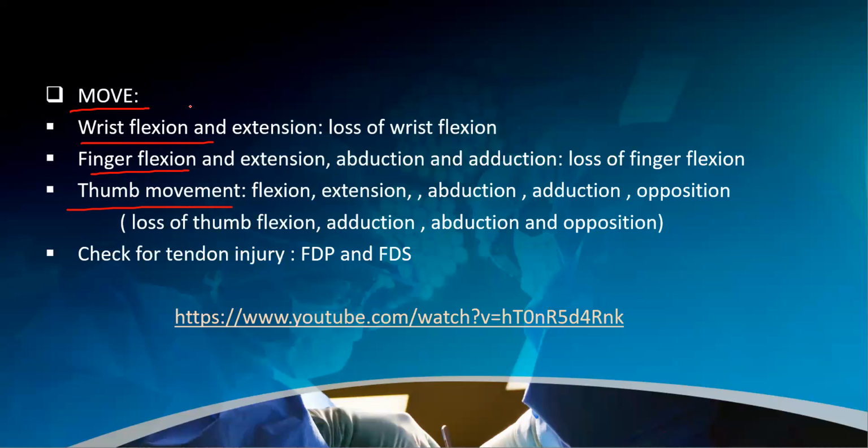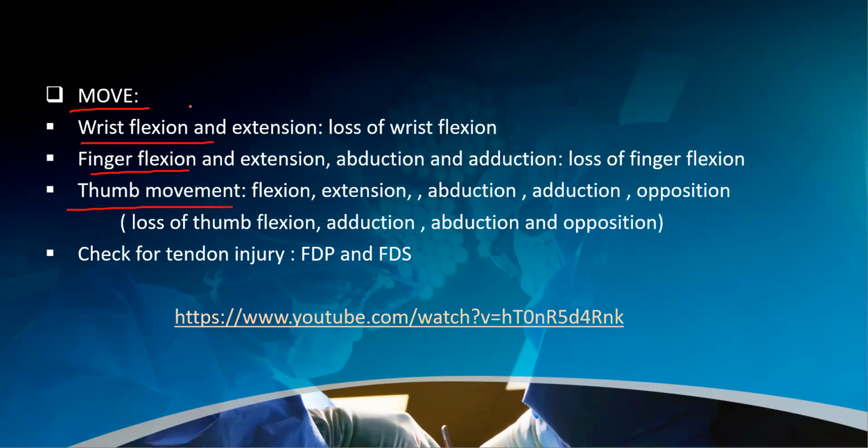If the tendon is injured, then wrist flexion will be lost. Go to the finger flexion, discuss flexor digitorum superficialis, which supplies the PIP joint, and flexor digitorum profundus, which supplies both PIP and DIP joints. To differentiate between these two, we do that maneuver. Also, finger abduction and adduction is given by the interosseous muscles, which are supplied by the ulnar nerve, and that can also be lost.